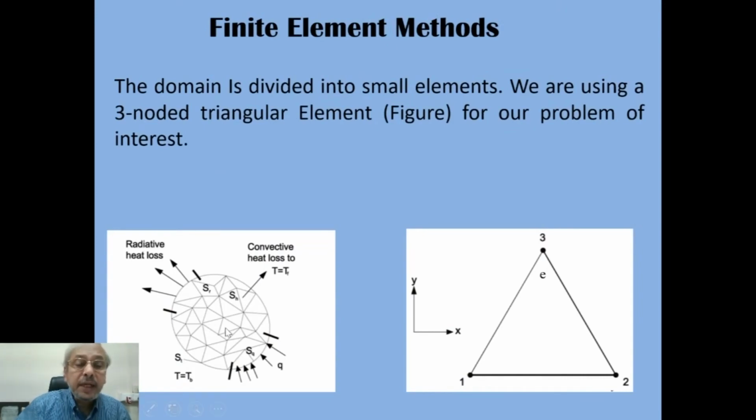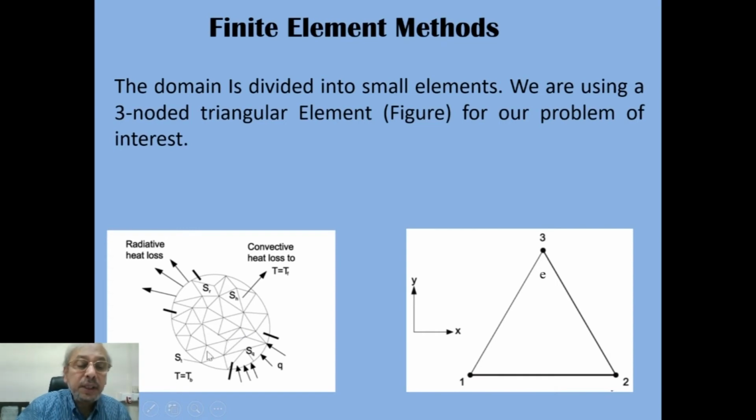As we can see, for example, any element E has nodes 1, 2, 3. Say for example this element we are talking about. If these are the 3 points 1, 2, 3, this point also has a global nomenclature.